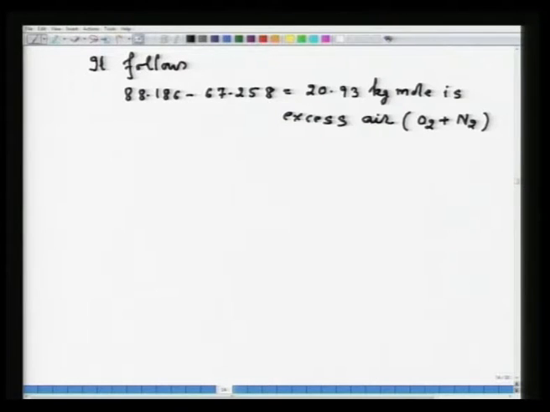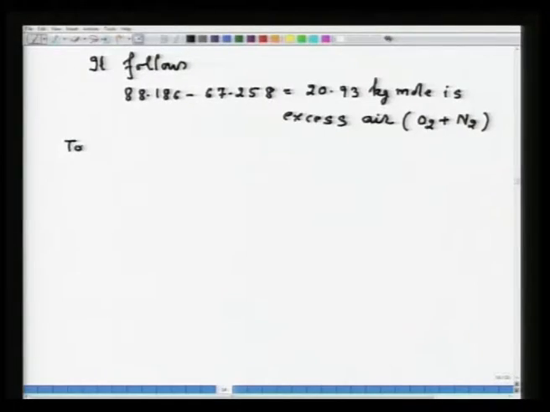Now, here one should also be careful to determine the nitrogen part of it. The nitrogen which we determined earlier was 39.875.